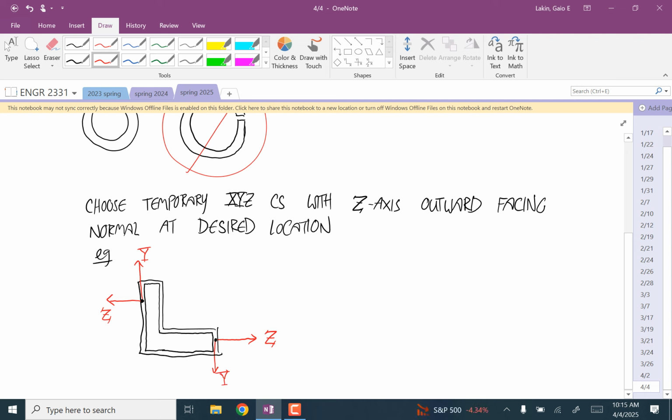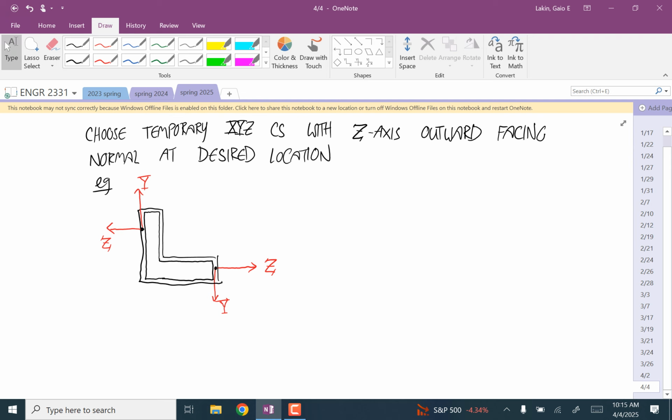Okay. And in that temporary coordinate system, your capital X, capital Y shear stress is equal to the negative of the torque divided by 2 times the wall thickness at that point, because the wall thickness can change as you go around the outside.